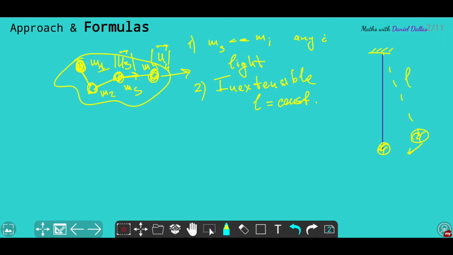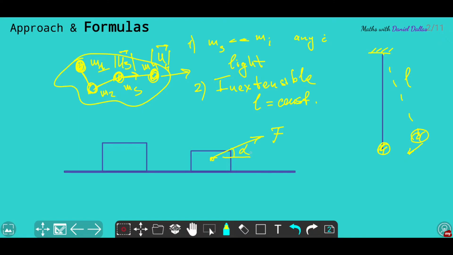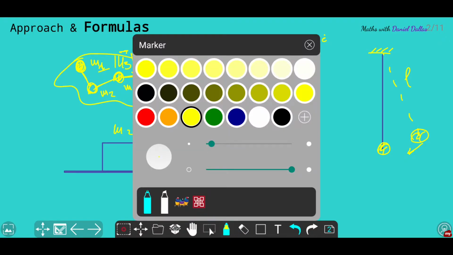All right, of course it's still applicable when you have a horizontal plane or horizontal surface and you have two objects with different masses like this. You have probably a rope, so you apply a force, which might be in the general case at some angle alpha to the horizontal plane, and those two objects with masses m1 and m2 are connected with a light string.